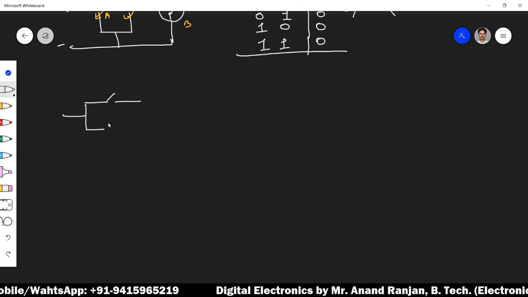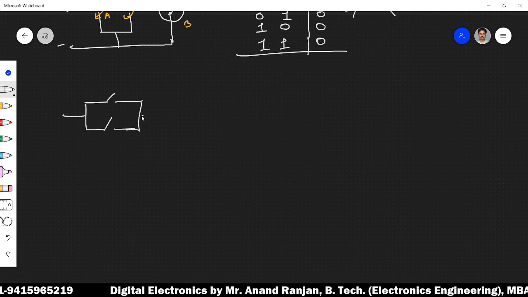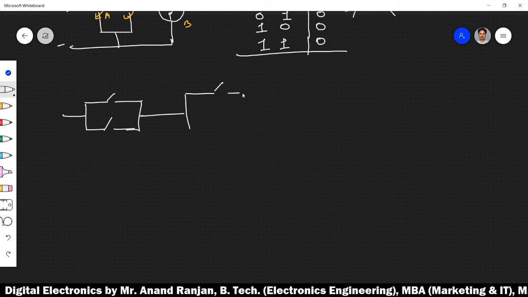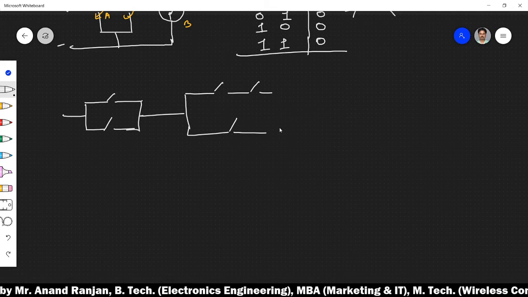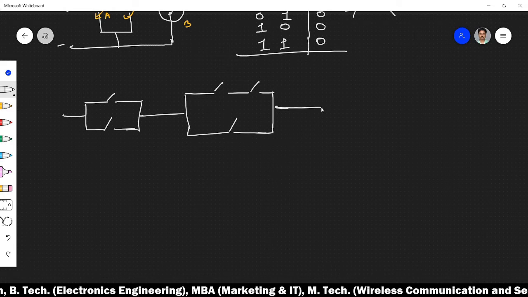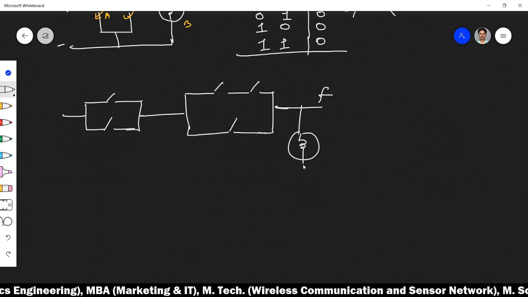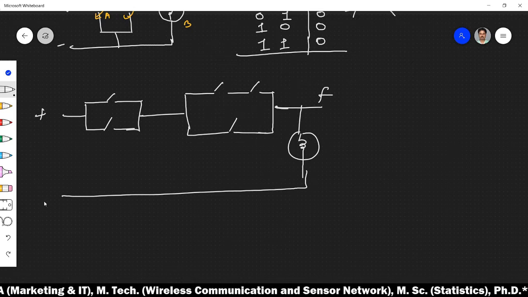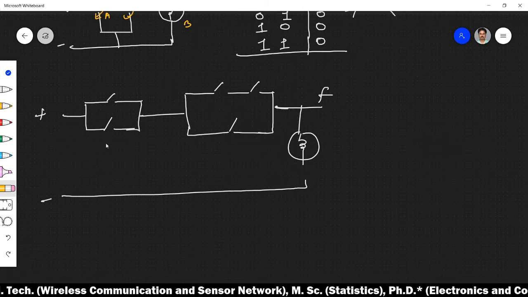For example, one circuit is given to you, and you are supposed to write the function F for the glow of this bulb. That means you have to write the condition when this bulb will glow.